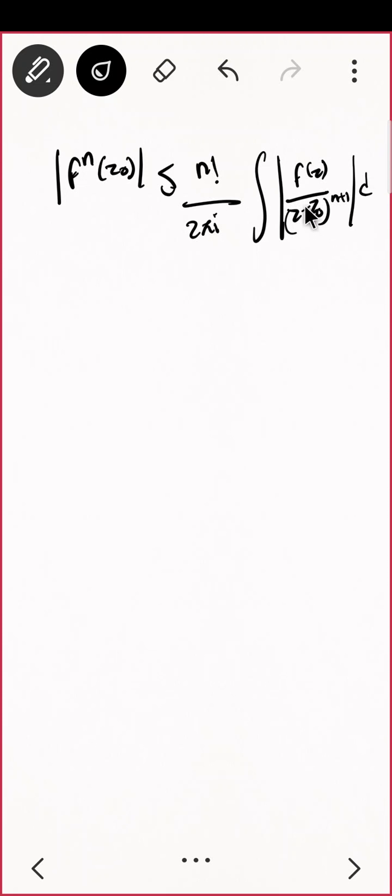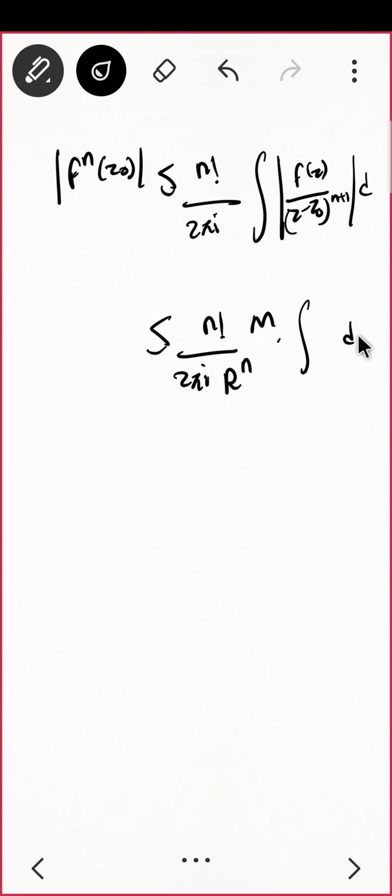So in the next step this will be n factorial upon 2 pi i, r raised to n, and this will be M, and this will just be the integral over that CR. So what will its answer be?